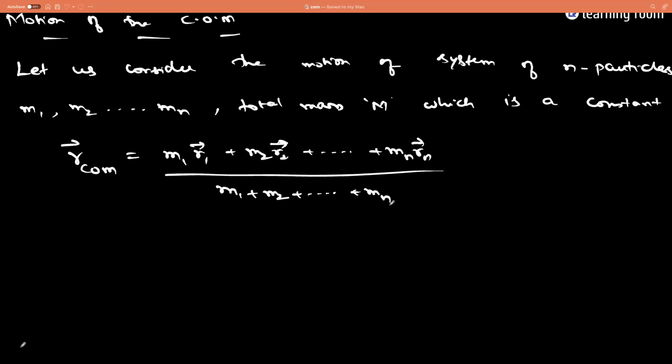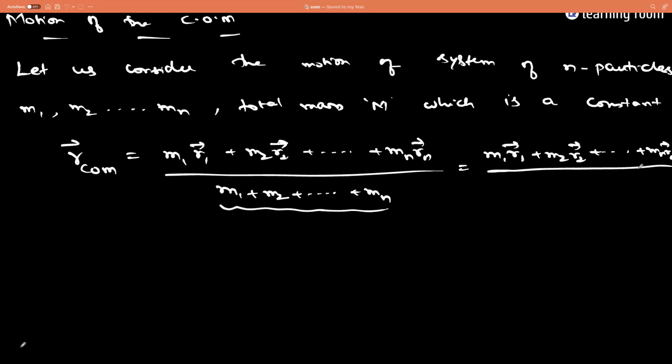Now, before I differentiate, if I take the sum of all the masses to be capital M, then r of center of mass is m1 r1 vector plus m2 r2 vector plus so on till mn rn vector, the whole divided by capital M. I'll take this capital M to the other side. So capital M into the r coordinate of the center of mass is equal to m1 r1 vector plus m2 r2 vector plus so on till mn rn vector.